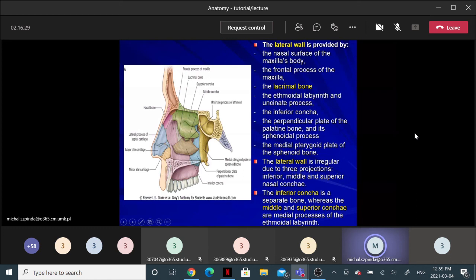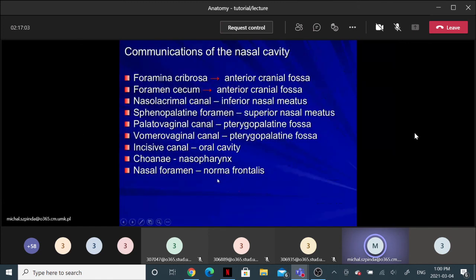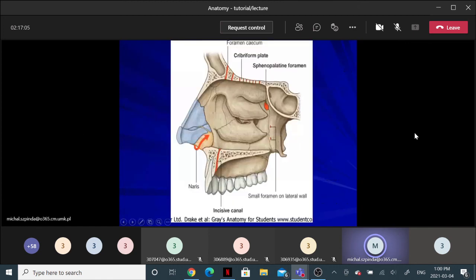Apart from this, on the lateral wall of the nasal cavity, we can find only 2 completely new structures: the posterior boundary of it is composed of the medial pterygoid process, and inferiorly is the inferior nasal concha, completely separate bones. And now we'll be concentrating on its communications.